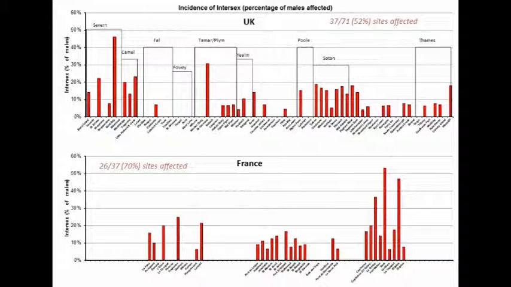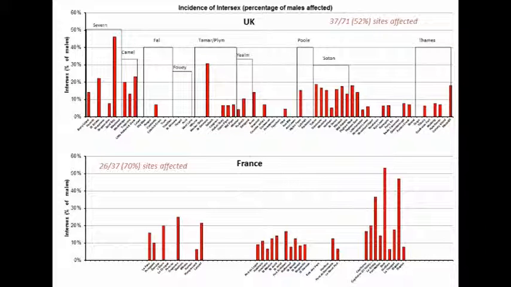So if you can imagine that map, this coastline stretched out into a straight line, and the same on the French side, we end up with a graph of that sort of format. So this is the English Channel coast, this is the equivalent French coast, and they're more or less opposite.